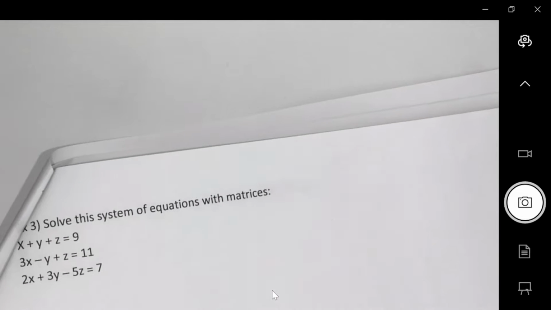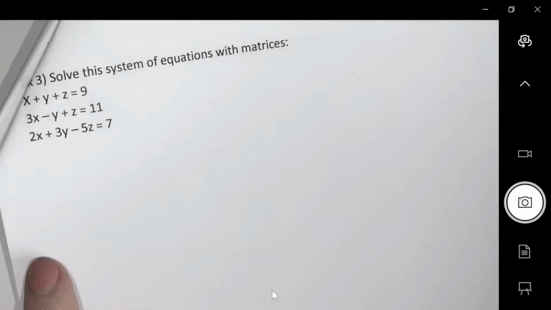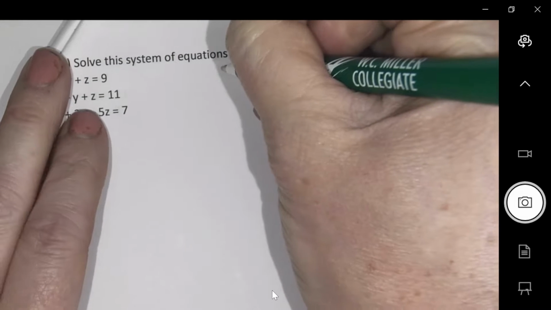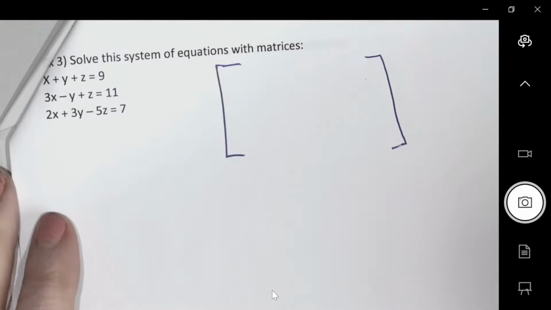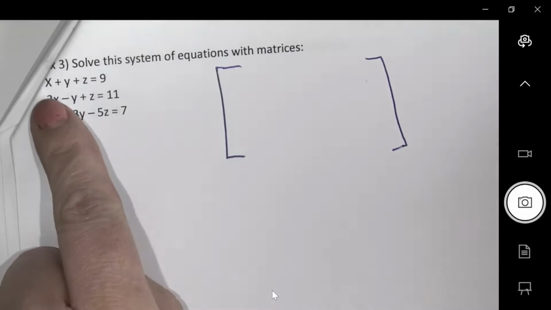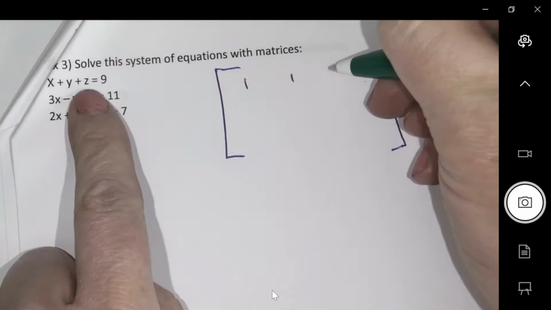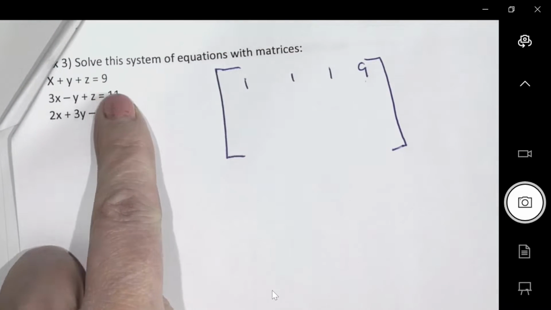Okay, so let's go to a 3 by 4 matrix. Okay, so write your matrix for me. So this will be 1, 1, 1, 9.